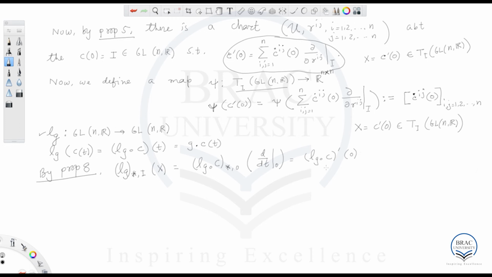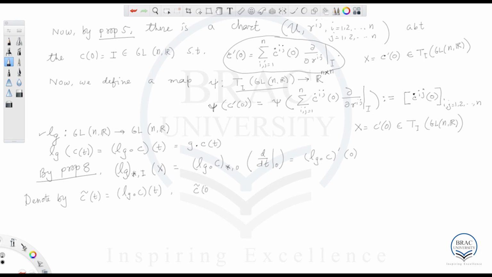So L_g composed with C is a new curve in GL(n, R). Let me denote this new curve by C tilde(t) equal to L_g composed with C at t. What is the starting point of this curve?